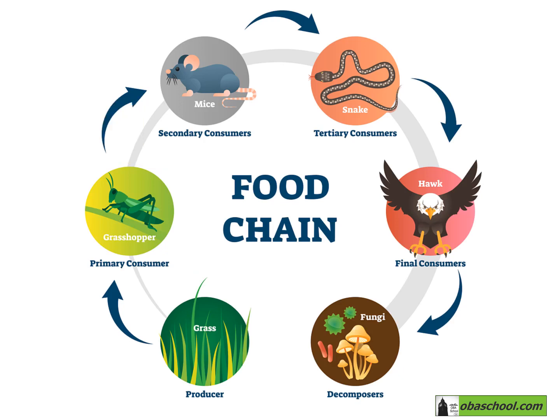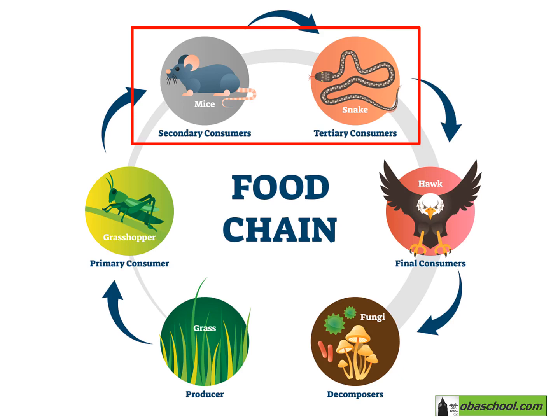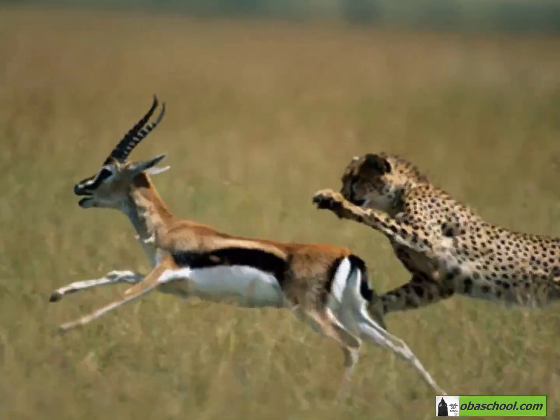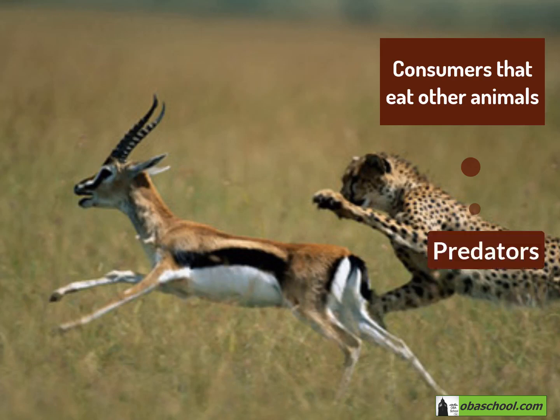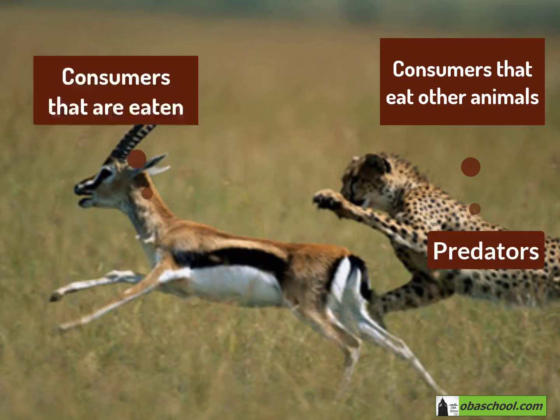On the other hand, secondary and tertiary consumers will eat other animals, and we call the consumers that eat other animals predators, and those who are eaten are known as the prey. And depending on their position in the food chain, many animals can be both the predator and the prey.